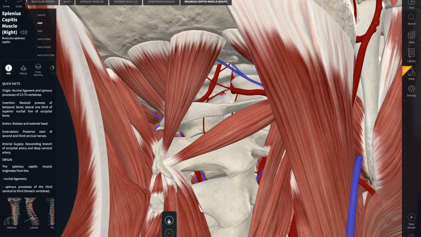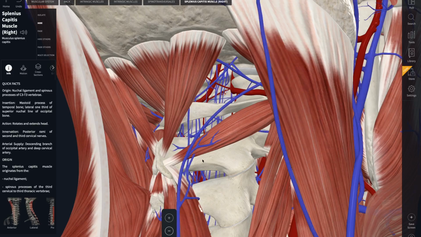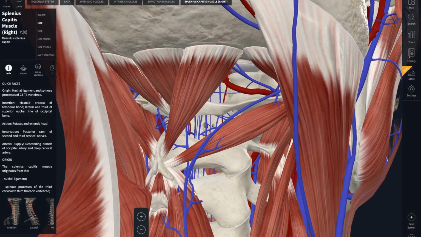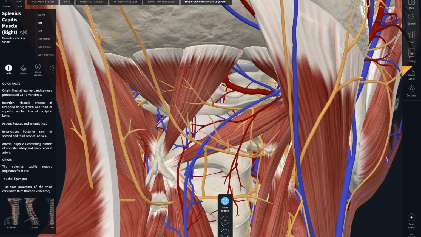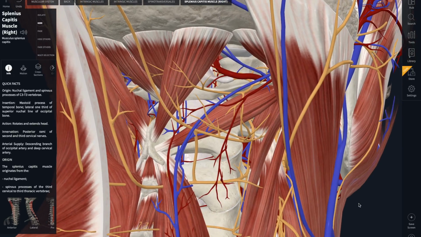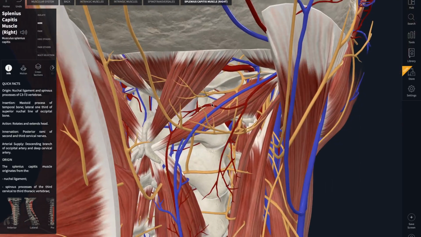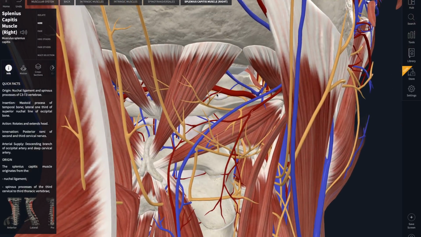We will have veins. We will also have nerves. So actually three structures, not four: arteries, veins, and nerves.